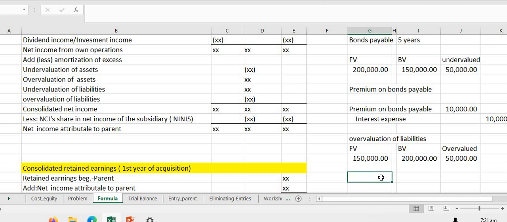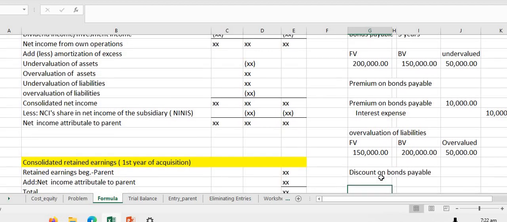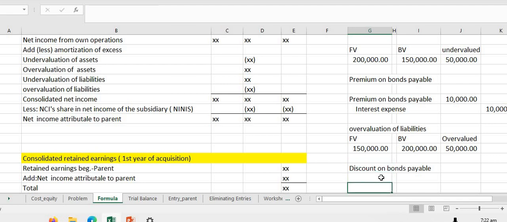Okay, so, if the fair value of the bonds is lesser than the book value, the difference will be treated as a discount on bonds payable. Okay. So, how do we amortize discount on bonds payable, diba?